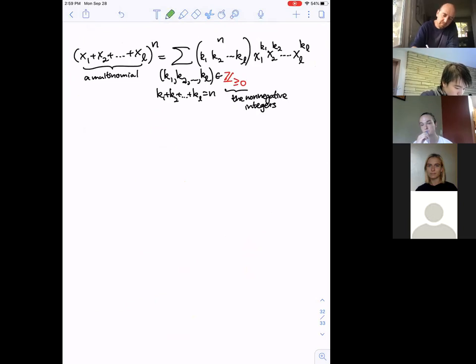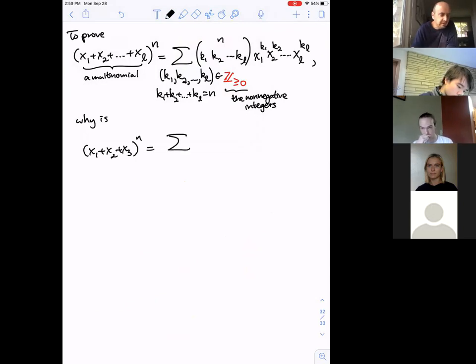So to prove this one, again, of course, I'm going to do it by example. Let's think about x1 plus x2 plus x3 to the n equal to, all right, so now here L is 3, so I'm looking at these non-negative integers k1, k2, k3.